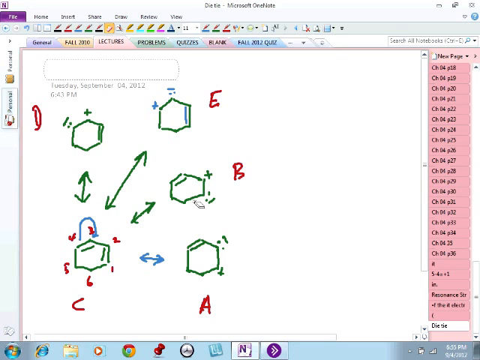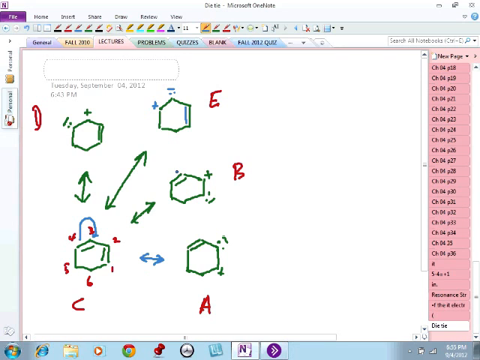Yes, we can. You can draw resonance structures as long as the atoms are connected to each other and are all sp2 or sp atoms. In this case, we take this pi electron here.